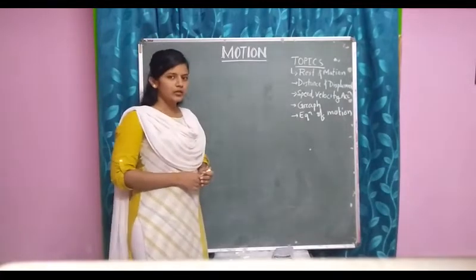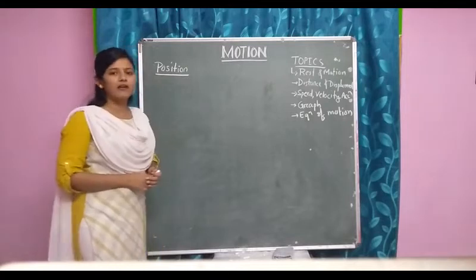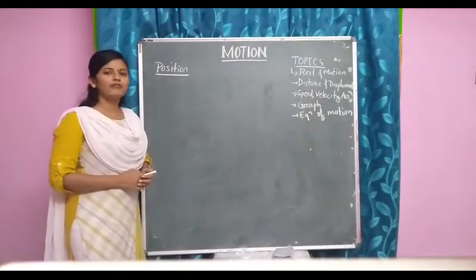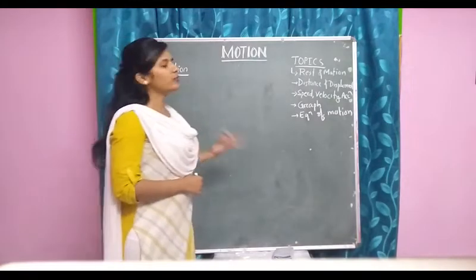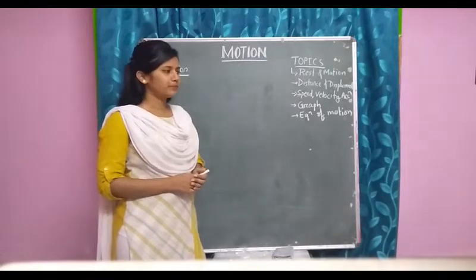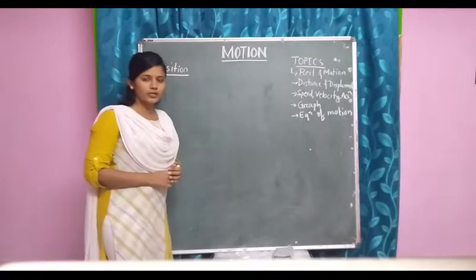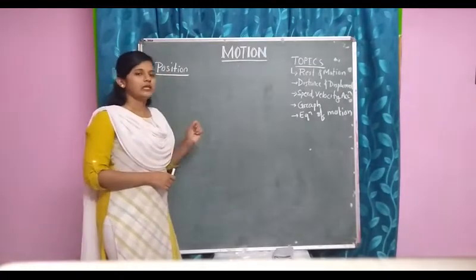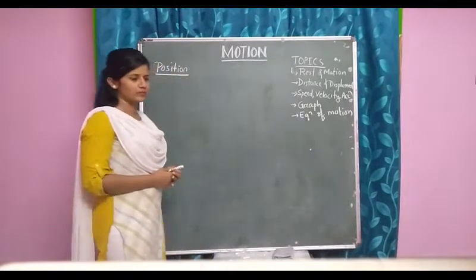body. In order to locate the position of a body, we should have an idea of frame of reference. So whether a body is at rest or in motion depends upon the observer. The observer has to take a reference point, and from that point he has to study the motion of the body.